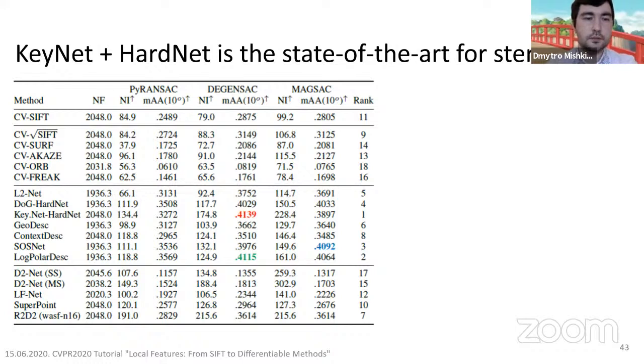So it's the best choice here. KeyNet is a learned detector with handcrafted components. Maybe that's why it's so good, because for low-level things, where you need to be very precise, handcrafted optimal filters are still important.